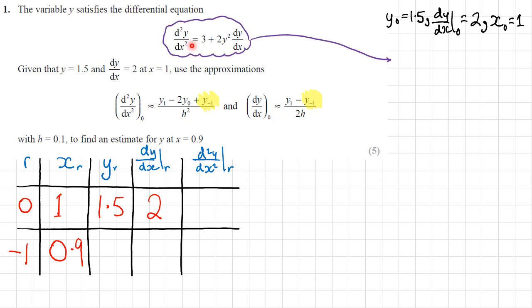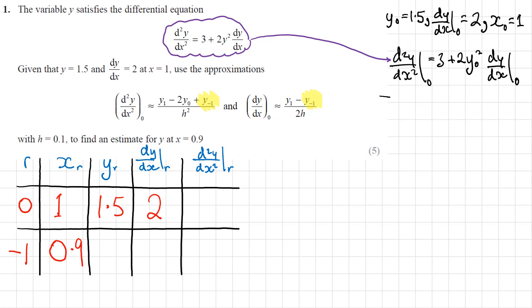So I'm just going to be using this equation here to find my initial value for d squared y over dx squared. So let me write that down. d squared y over dx squared at 0 is going to equal 3 plus 2 y sub 0 squared dy dx at 0.